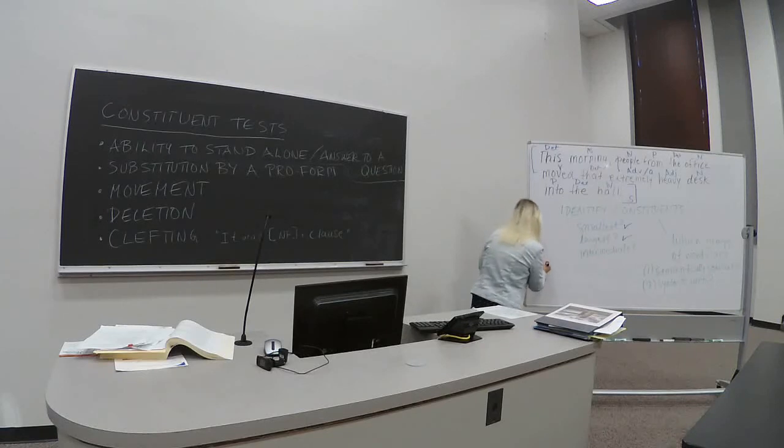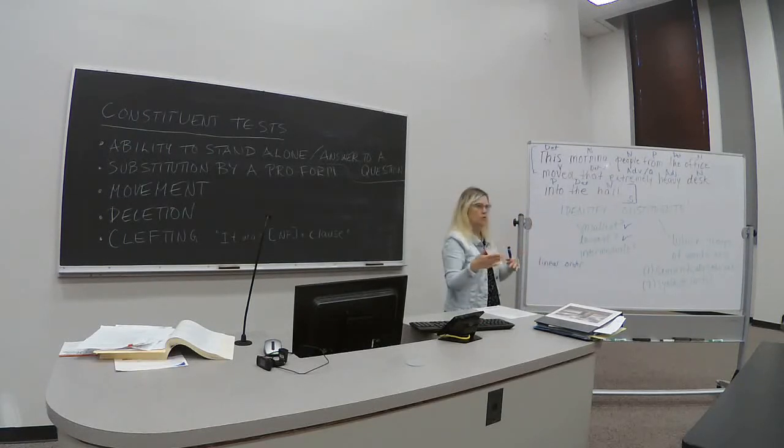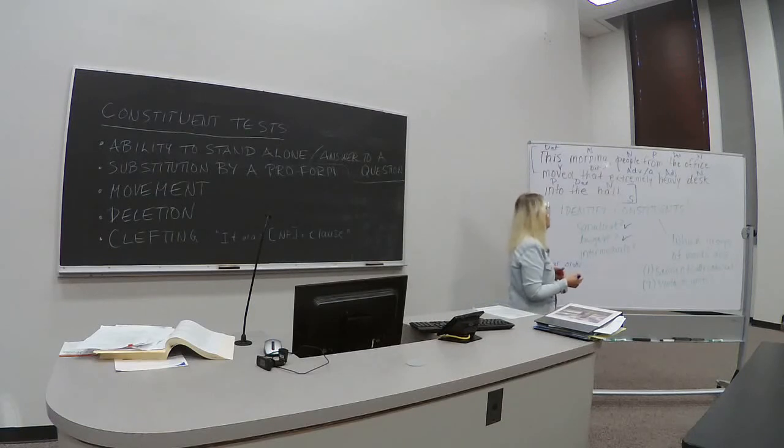But it's not just that. This linear order is not unimportant, because we can't just shovel these words around and rearrange them. They have to appear in English in a certain order according to the grammar of English. So we can't say "morning this, from office the, people, that, moved, the, hall."